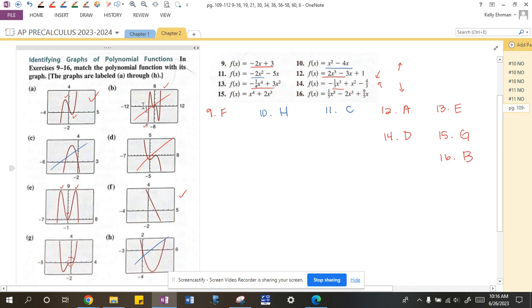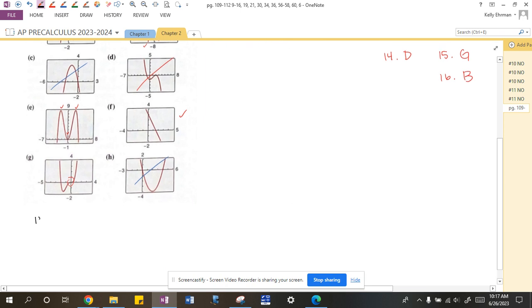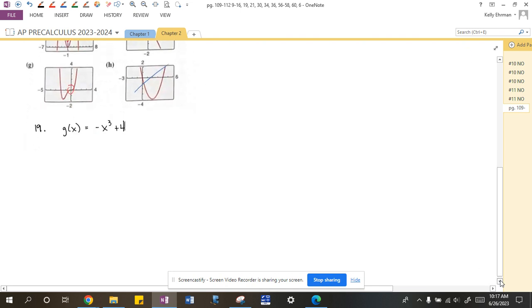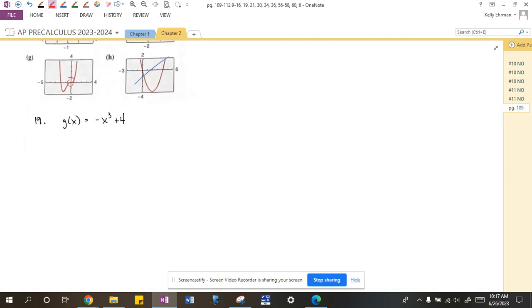Okay, so once we do 9 through 16, the next on our list is 19 and 20. 19 says we have g of x, which is negative x to the third plus 4. Sketch the graph, describe the transformation. Okay, so I'm going to describe the transformation first.